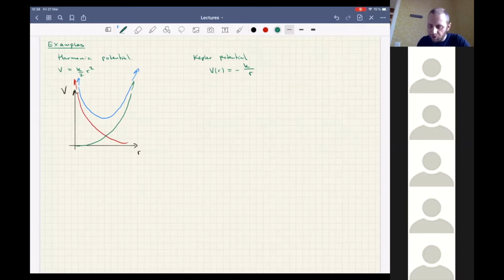Now, if we go to gravity, K is G m, where G is Newton's gravitational constant, and capital and small m are the masses of the two objects.